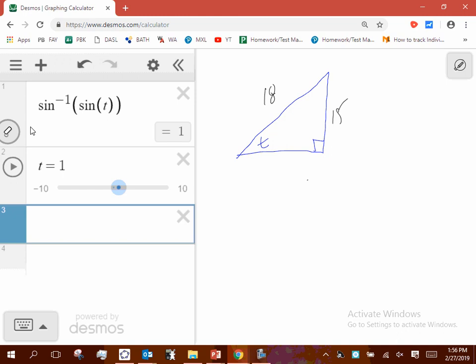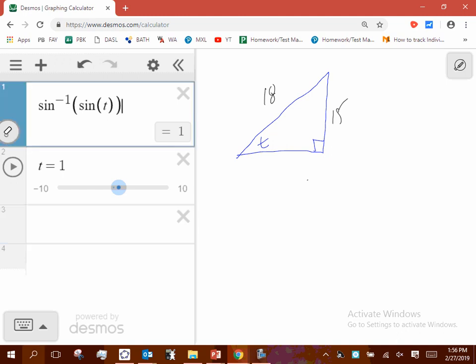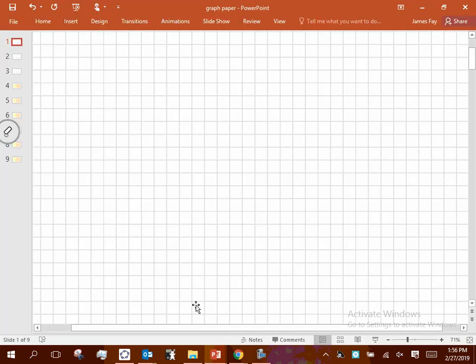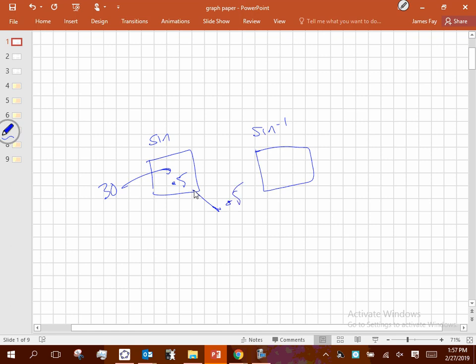Remember what we said in that picture I drew on the PowerPoint? The idea was if this is the sine function, this is the sine inverse. Remember, if I put 30 in, it gave back 0.5, right? So 0.5 was then what I put in here.